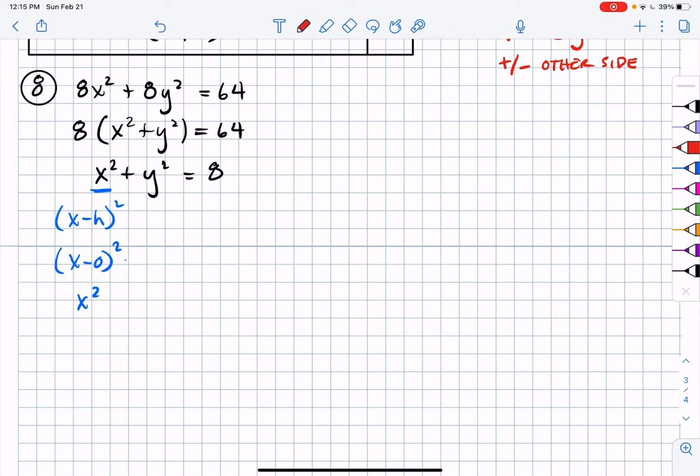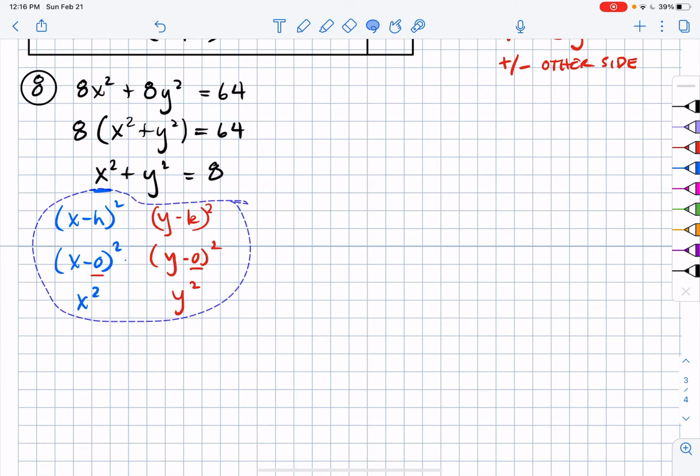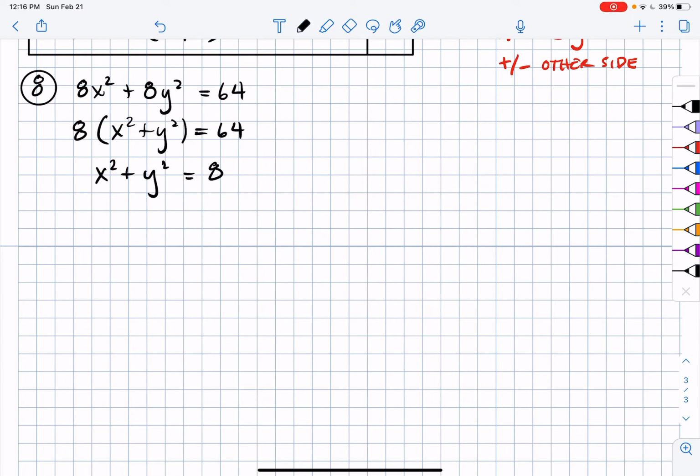And for the y, it'd be y minus k squared, which would be y minus 0 squared to get me y squared. Okay, so in other words, my center here is going to be (0, 0).